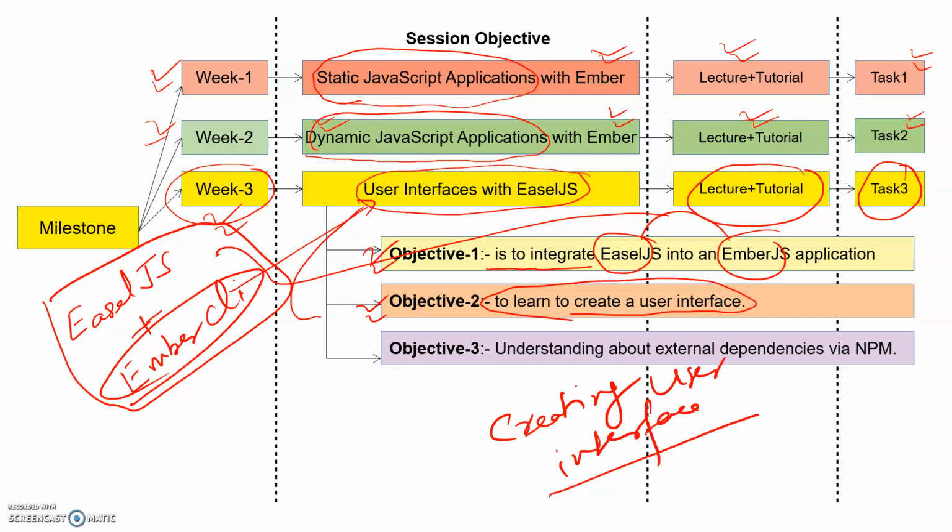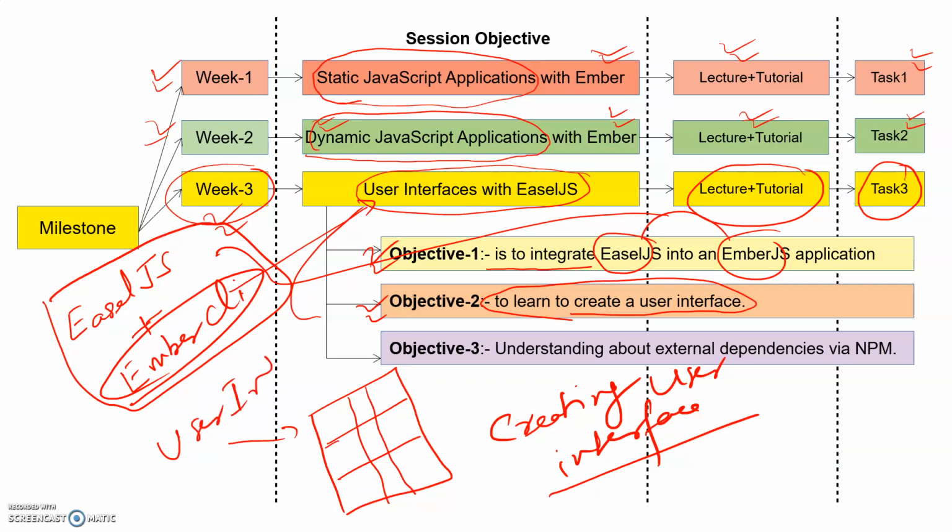What we are going to do in this week, we are going to create a very popular game known as the tic-tac-toe game. This is your interface for the game. You are going to create this interface using EaselJS and EmberJS, and then you will use notations like cross and 0.